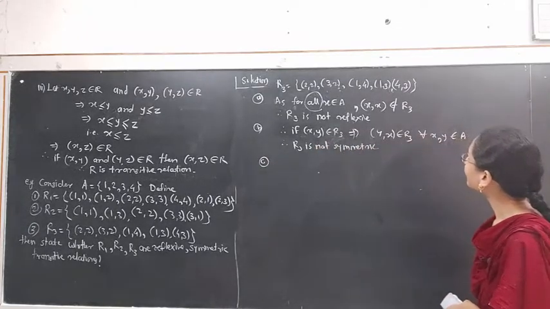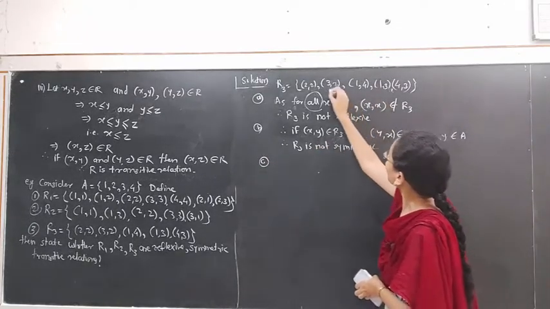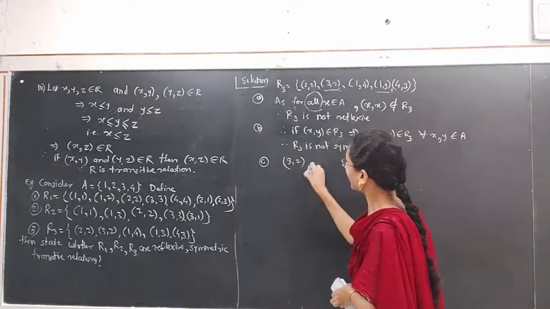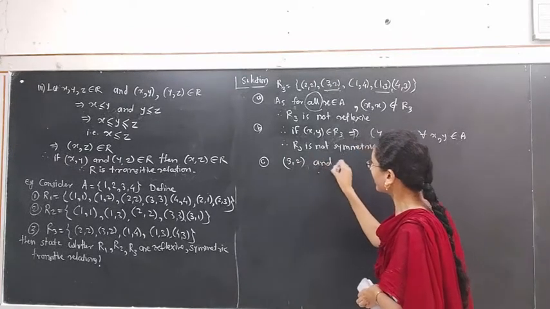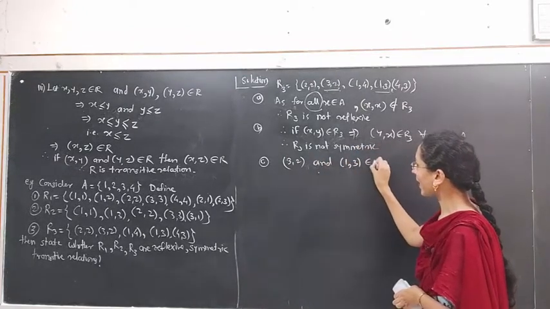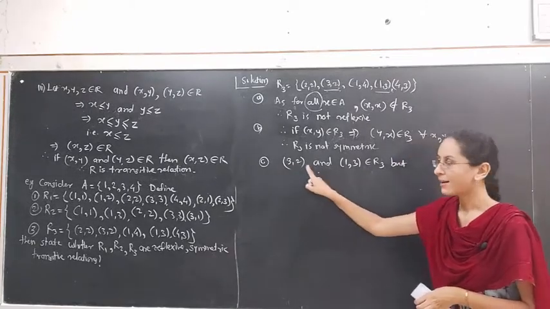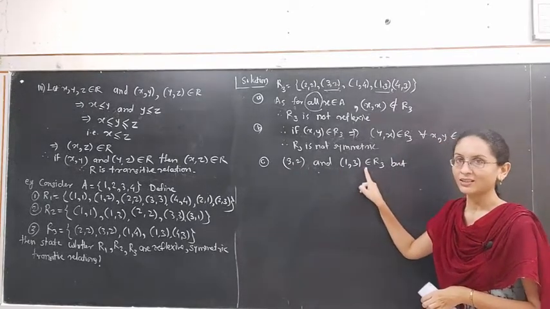Next, we check the transitive property. See the ordered pairs (3, 2) and (1, 3). (1, 3) belongs to R3, where x is related to y and y is related to z.